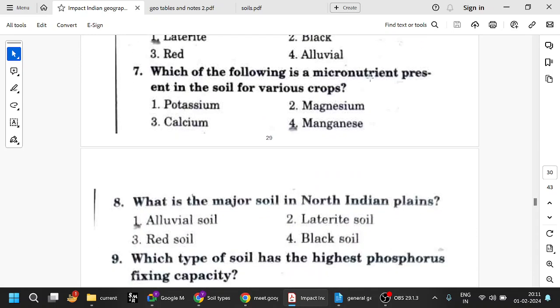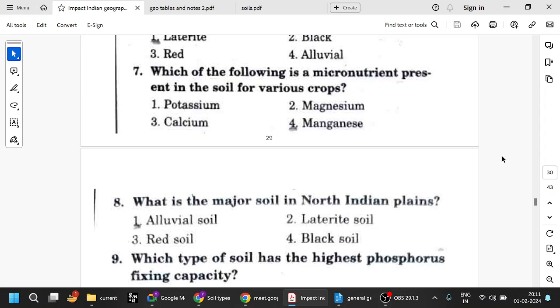Which of the following is a micronutrient present in the soil for various crops? Remember, manganese is a micronutrient present in soil for various crops. In general, potassium, organic matter, humus, and nitrogen are also there.